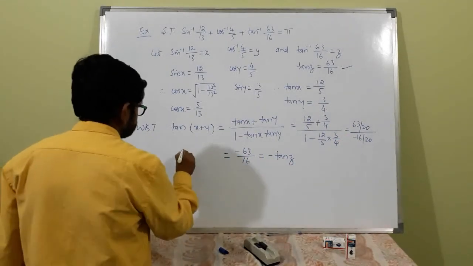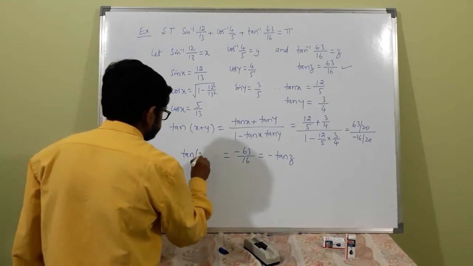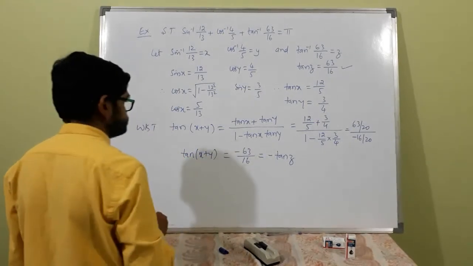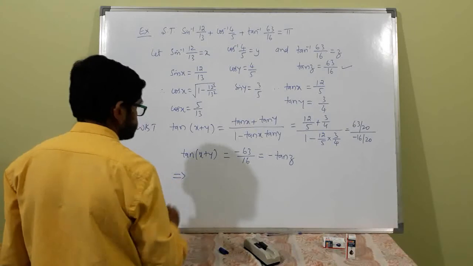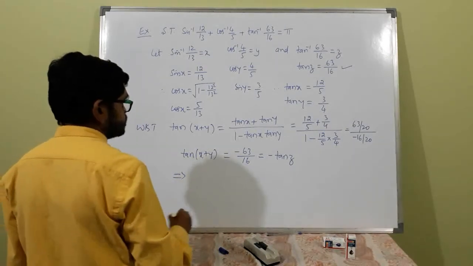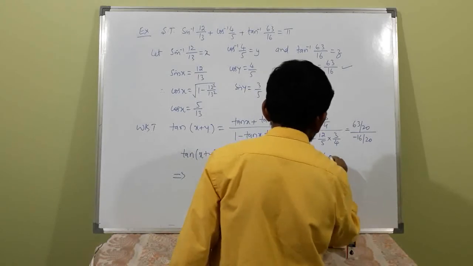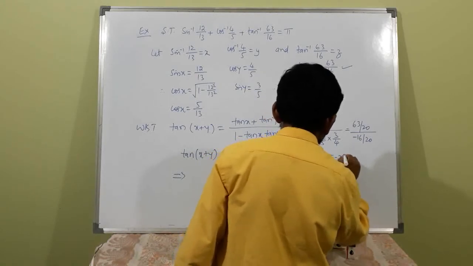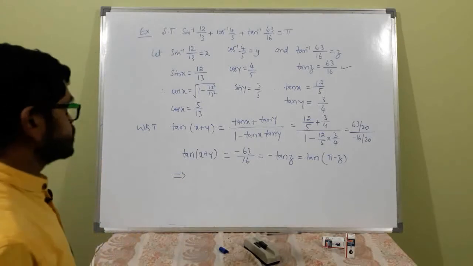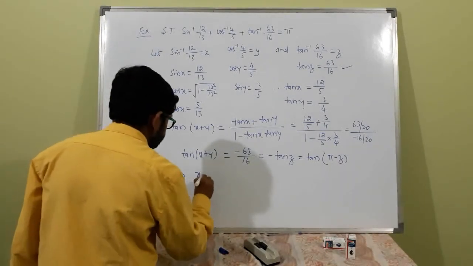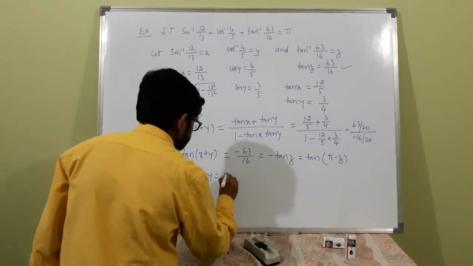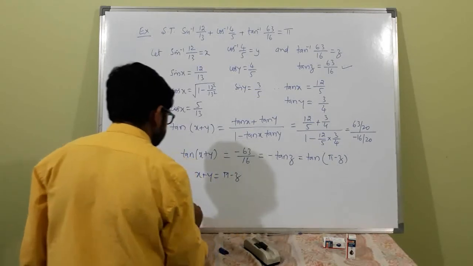So tan of x plus y implies tan of minus z, which means tan of pi minus z. So x plus y is equal to pi minus z.